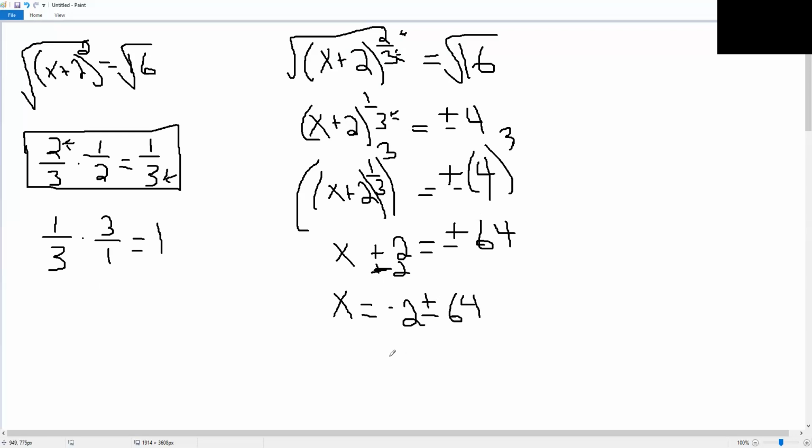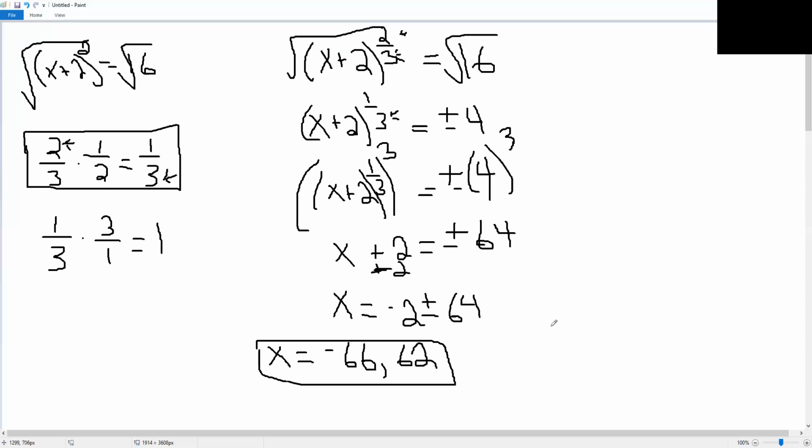And because it's plus or minus, you could say that x equals -66 and 62. Because -2 minus 64 is -66, and -2 plus 64 is 62. So that's my 2 solutions for x.